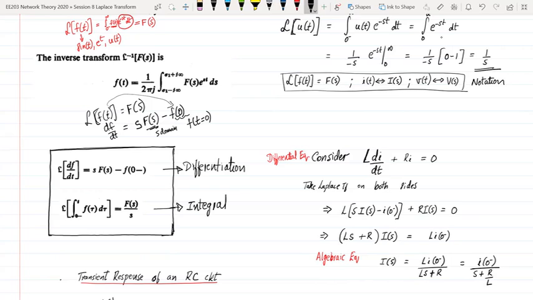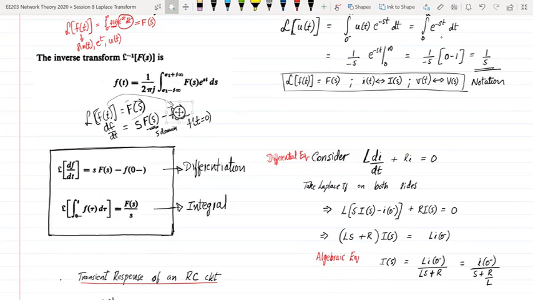And if I know the Laplace transform of f of t is F of s, then the Laplace transform of df by dt is F of s times s, that becomes s F of s, minus the value f of 0. Now, this looks a little complicated, but don't worry about it.